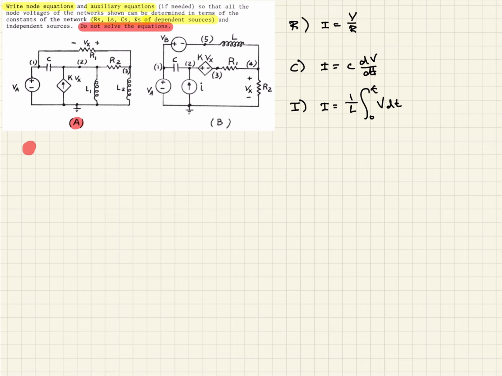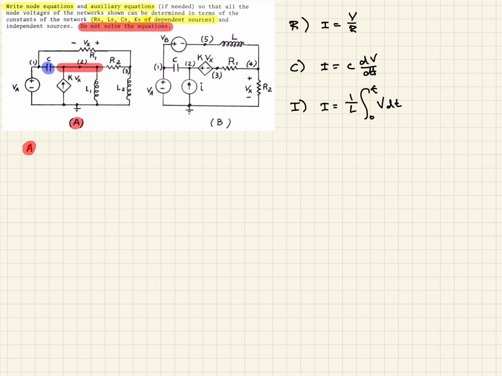So we'll look at circuit A first, and let's go ahead and designate that. In this case, we want to consider this node here, node 2, and sum up all the currents going in and out of there. The first thing we note is we have this capacitance right here.